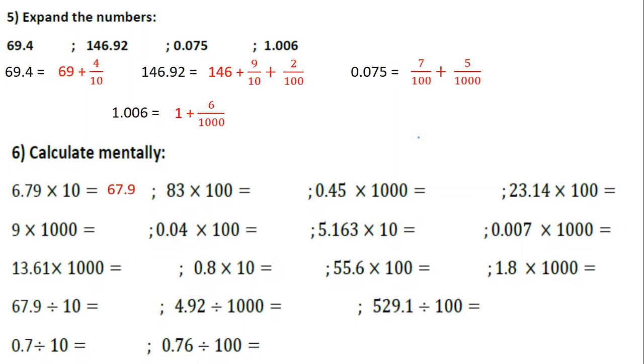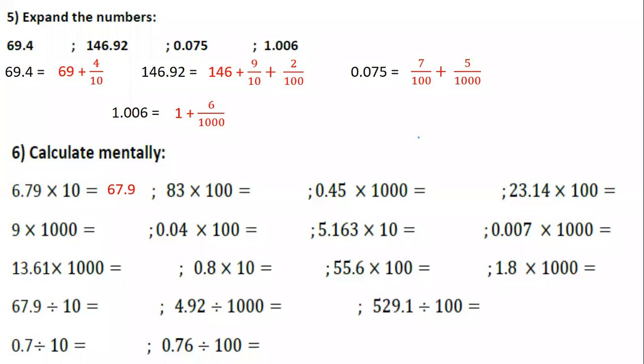We're multiplying. Okay, we are multiplying a whole number by 100. What does the rule say? Oh, it's 83 point... Listen to me, Rama.